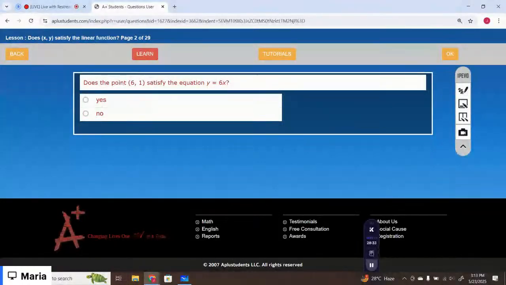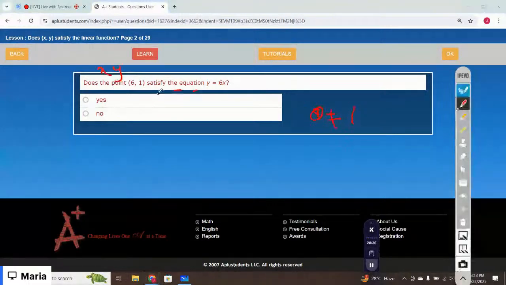Does the point (6, 1) satisfy y equals 6x? So x is 6 and y is 1, right?